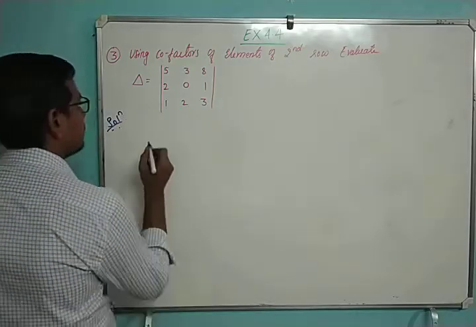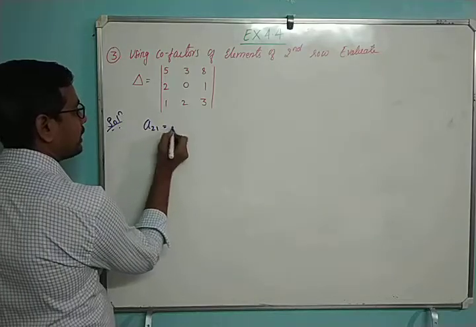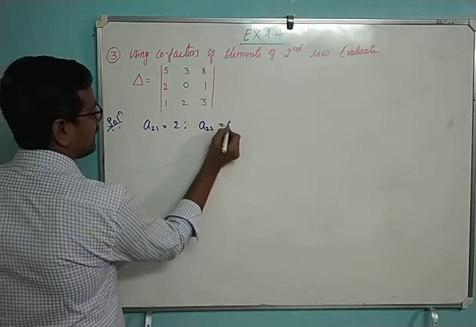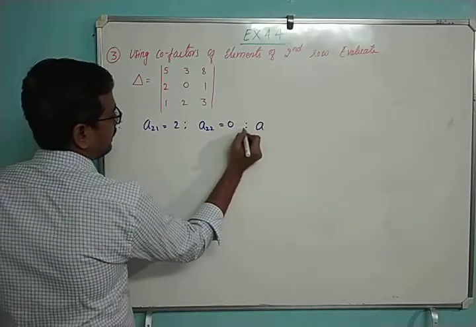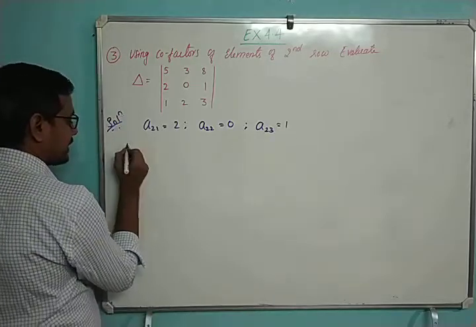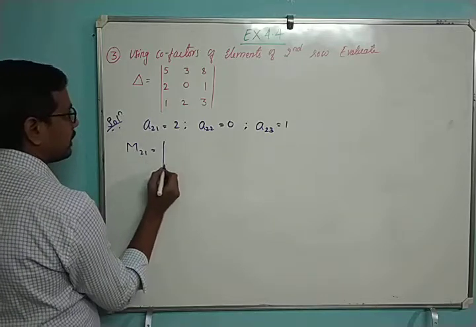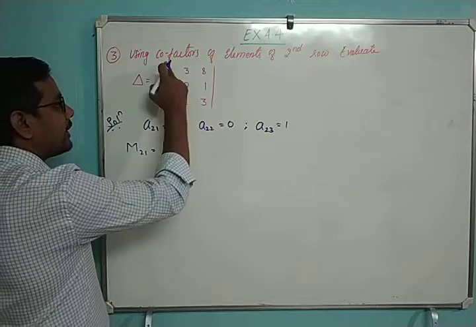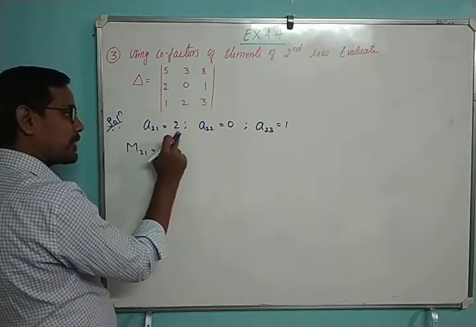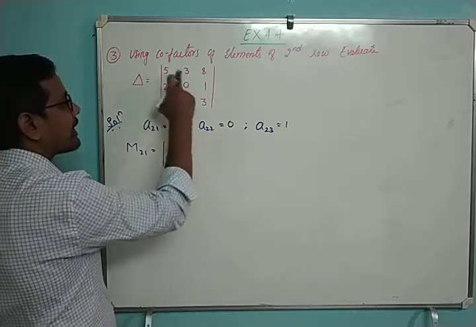Here the elements of the second row are a21 equal to 2, a22 equal to 0, and a23 equal to 1. Minors are given by capital M. M21 is the minor of this 2, which is in the second row and first column, so leave the second row and first column.